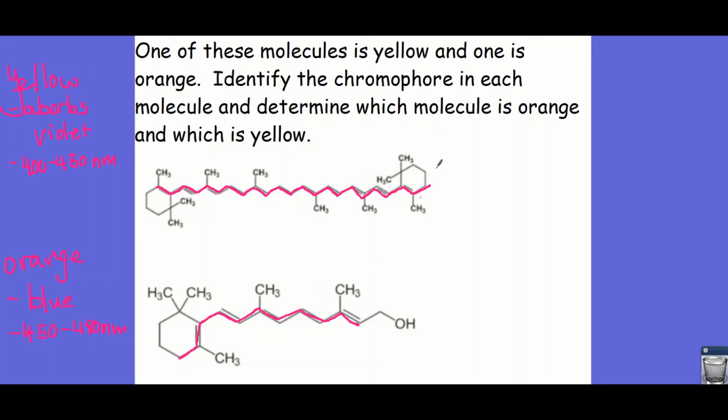So if we think about our larger chromophore, a larger chromophore, because there's more bonding orbitals, will have a smaller homo-lumo gap.